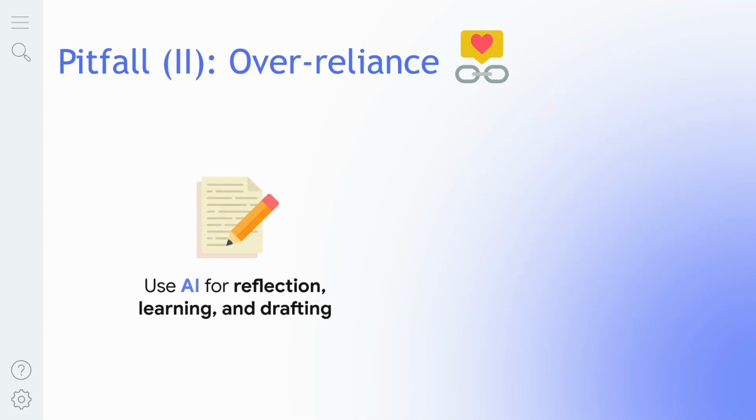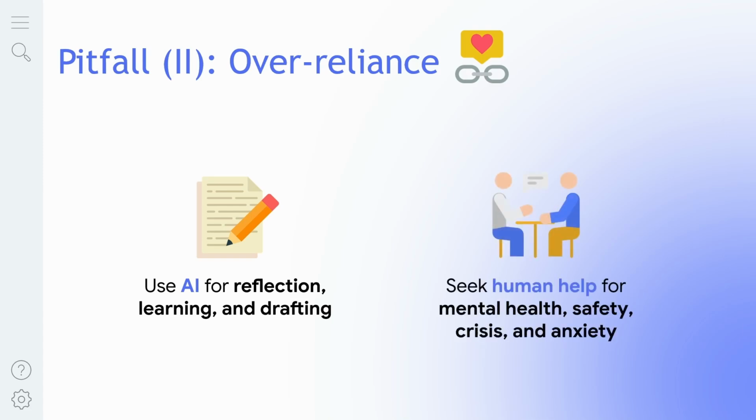So use AI for reflection, learning, and drafting, but seek human help when an issue involves your mental health, your safety, a crisis, or beliefs that feel frightening or hard to reality-check. AI should not replace teachers, counselors, doctors, friends, or family.